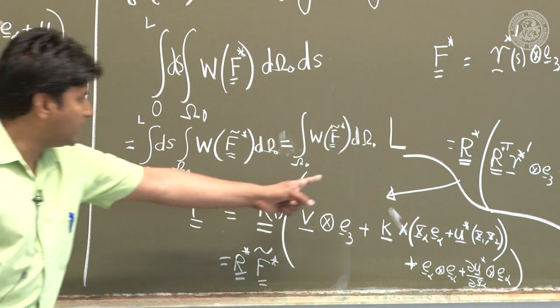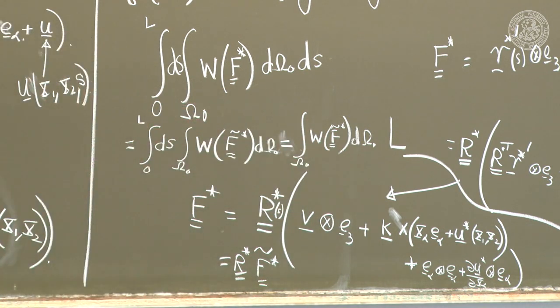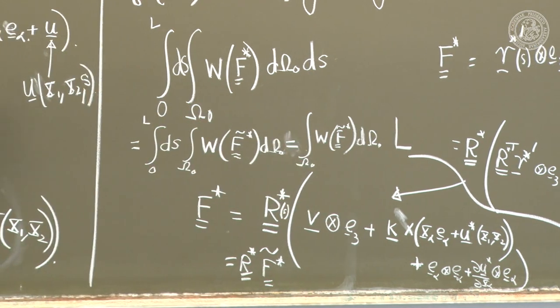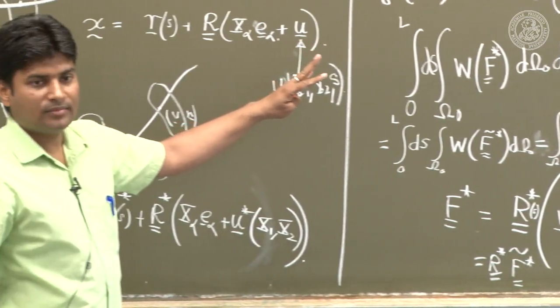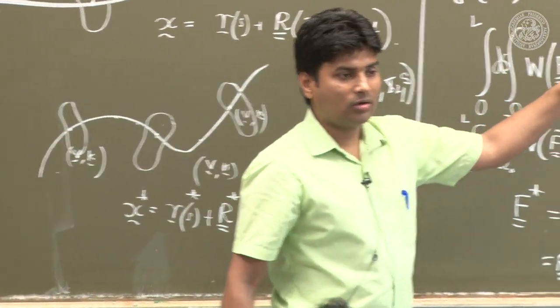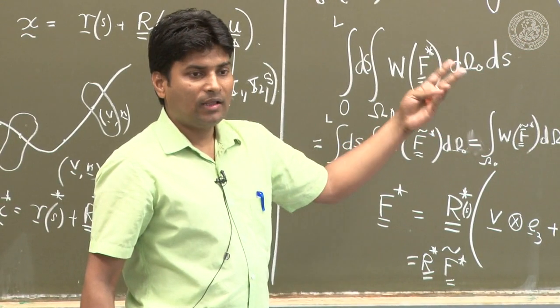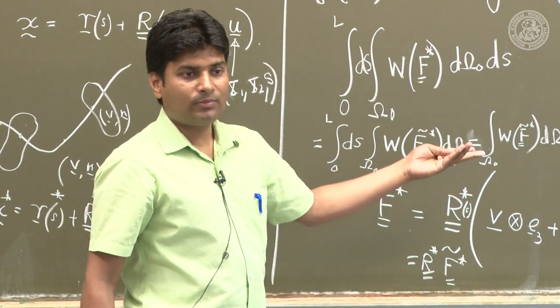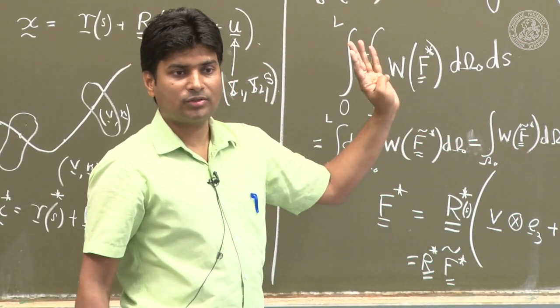So you see what this is telling us is that the energy of every cross section is the same. So, total energy of the rod is the length of the rod multiplied by the energy of one particular cross section.